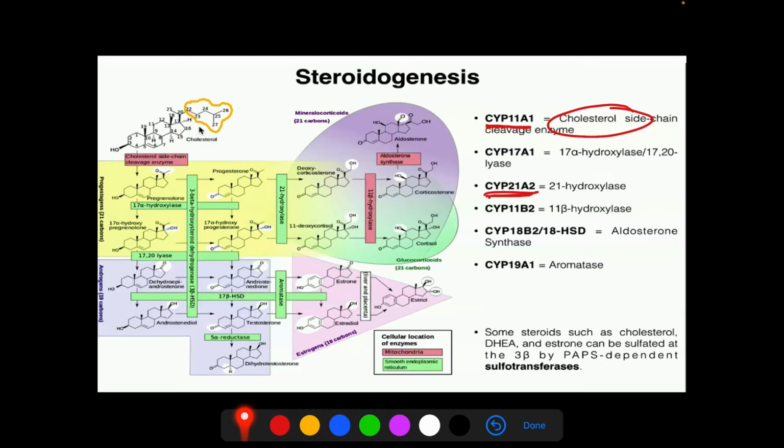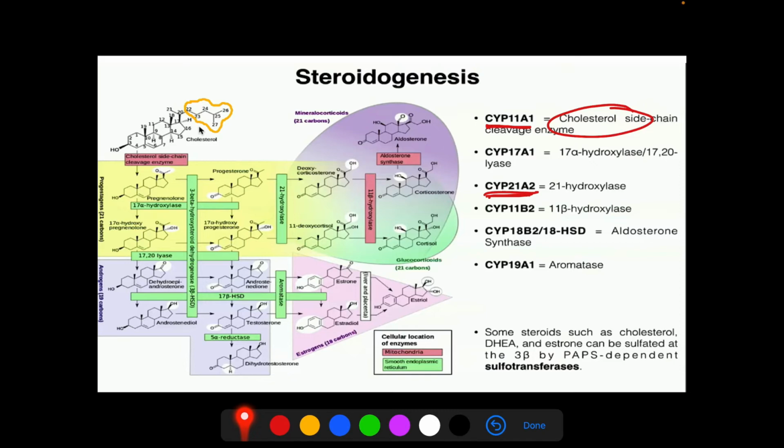And then the 17-alpha hydroxyprogesterone will be hydroxylated into 11-deoxycortisol. You can see here the hydroxylation. Both of these enzymes, the 3-beta hydroxysteroid dehydrogenase and the 21-hydroxylase, are colored green, right? So they are microsomal enzymes.